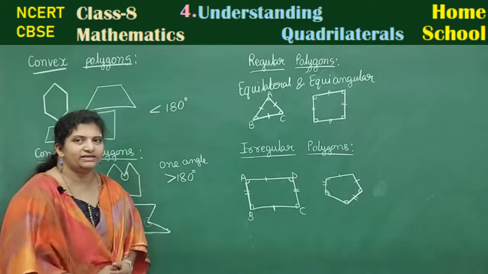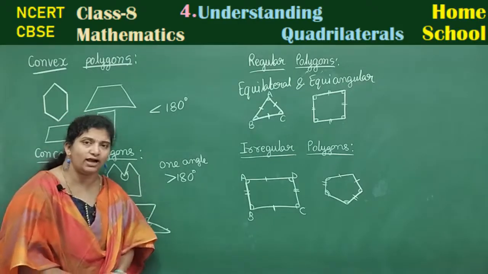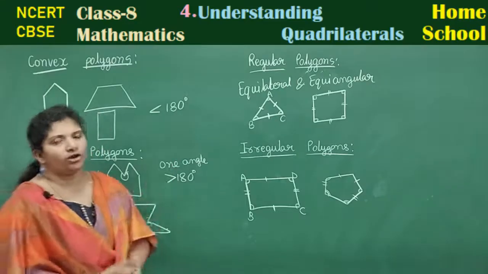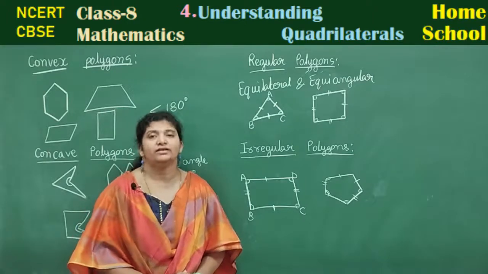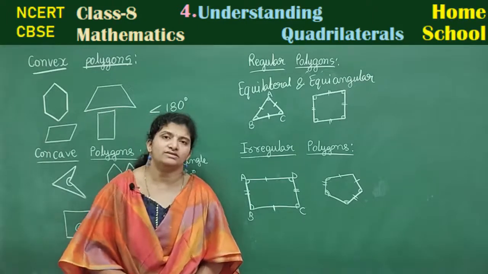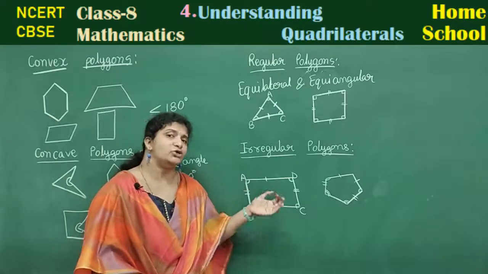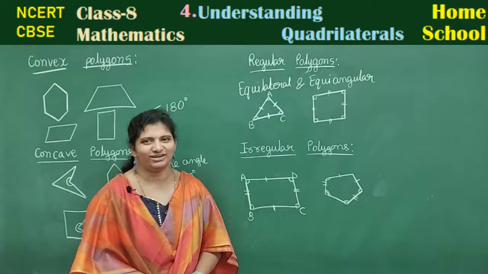If any one angle is more than 180, then that type of polygon is called a concave polygon. Regular polygons: a polygon having both equilateral and equiangular sides is called a regular polygon. If a polygon is not regular, then we call it an irregular polygon.